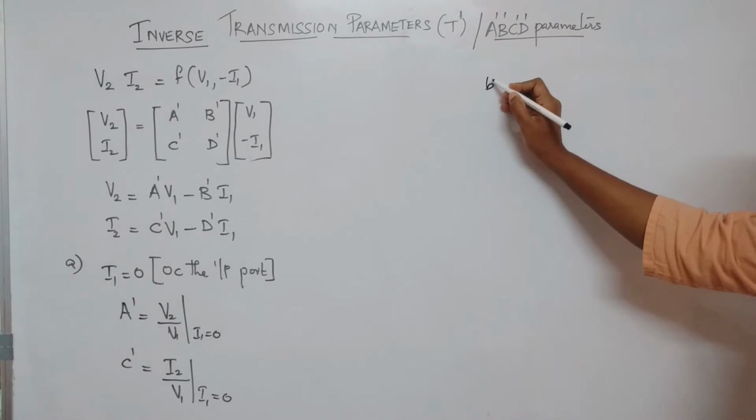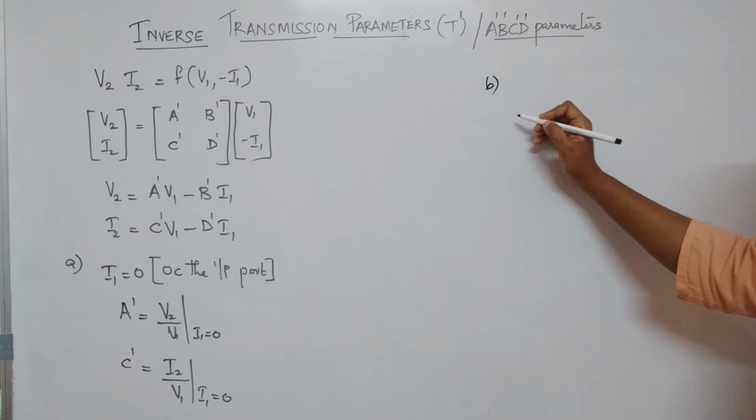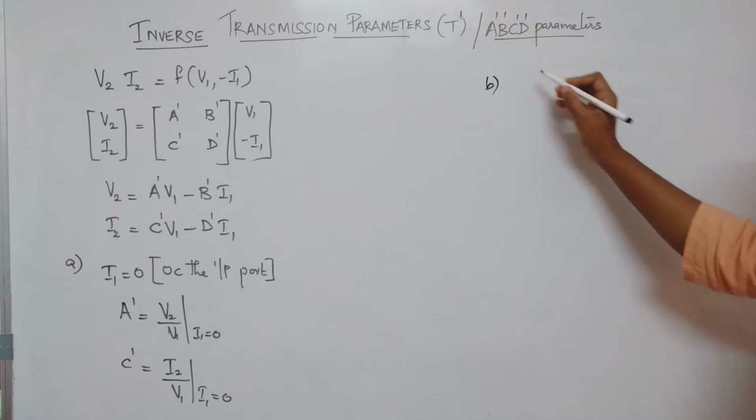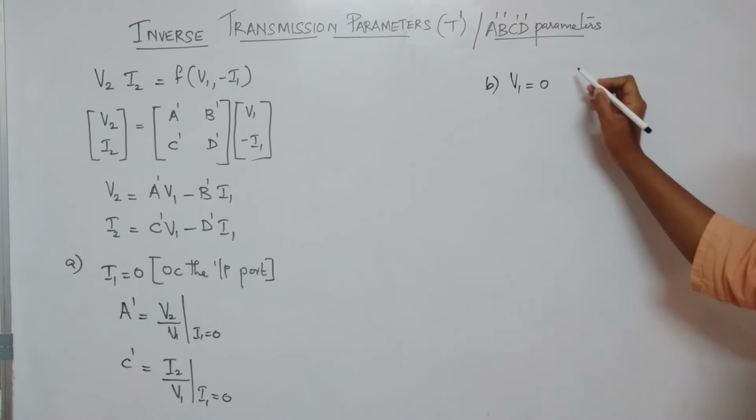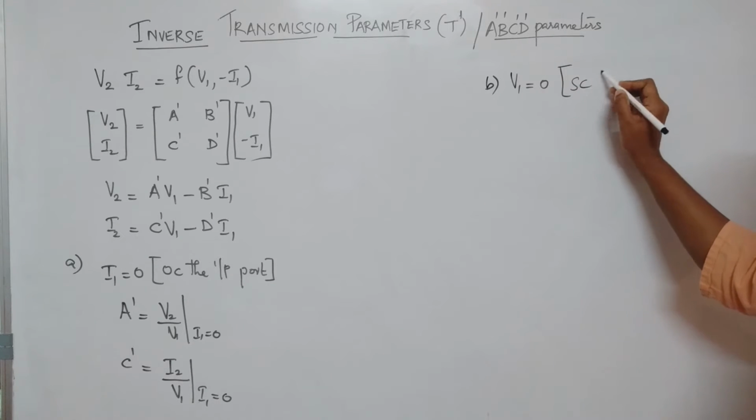Similarly, B dash and D dash can be obtained by short circuiting the input port, that is, by setting V1 equal to 0.